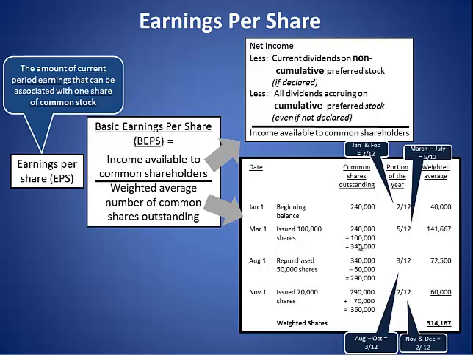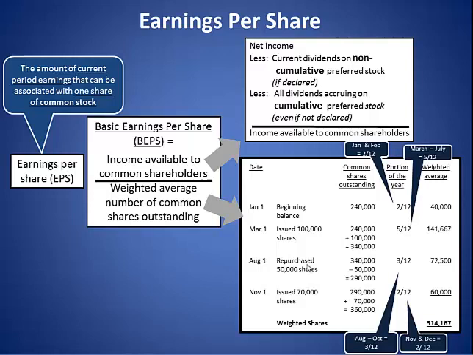So if we take a look, then it would be March, April, May, and June. That would be 5 months. So we would take the 340,000 times 5/12, and that becomes 141,667 weighted shares.